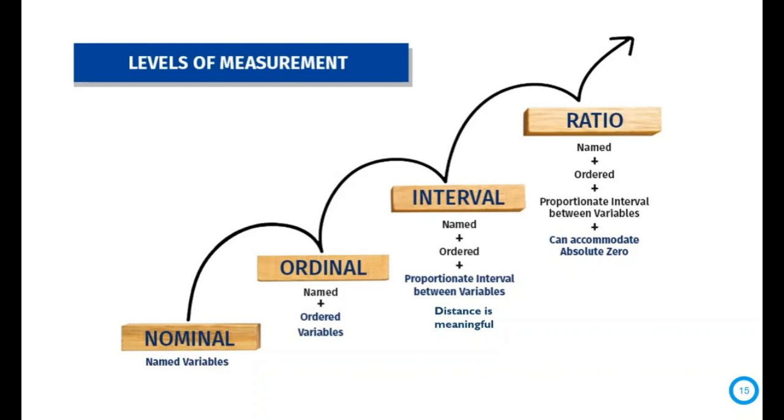So when measuring using a nominal scale, one simply names or categorizes the respondents: female, male, blue, green, purple, pink, whatever it is. Favorite color, ethnicity, these are some examples of variables measured on a nominal scale.